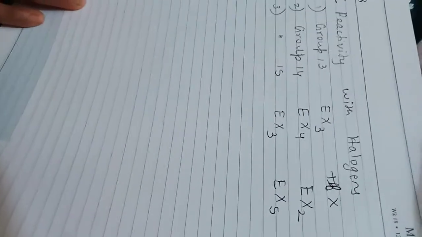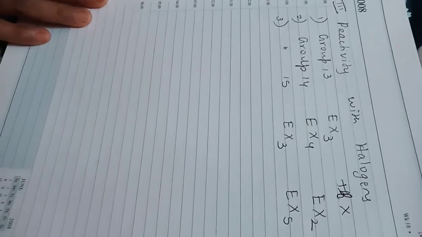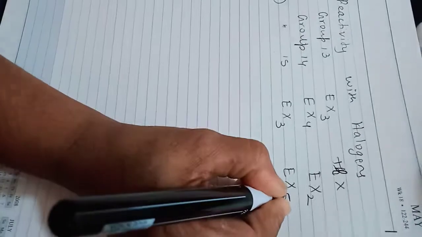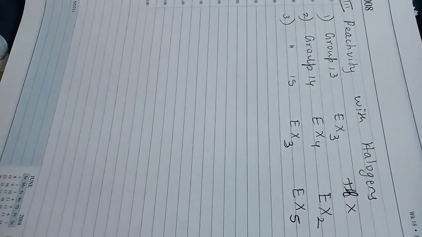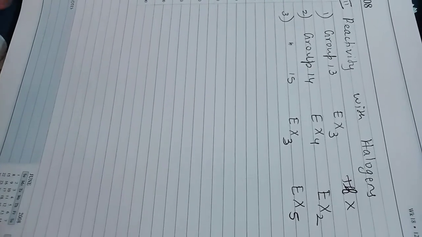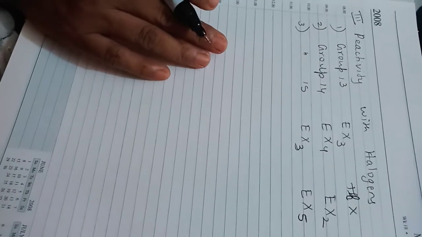So, elements of group 15 react with halogens to form two types of halides, that is trihalides and pentahalides respectively. This is the reactivity of elements of group 13, 14, 15 with halogens. Okay? This is one set here.